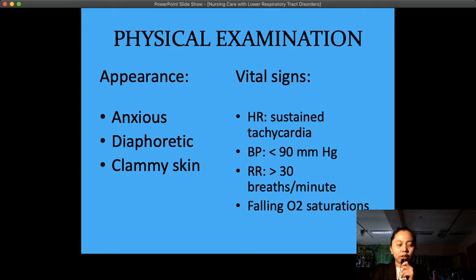Vital signs, sustained tachycardia, and then BP less than 90 mmHg, RR or respiratory rate greater than 30 breaths per minute, and falling oxygen saturation.